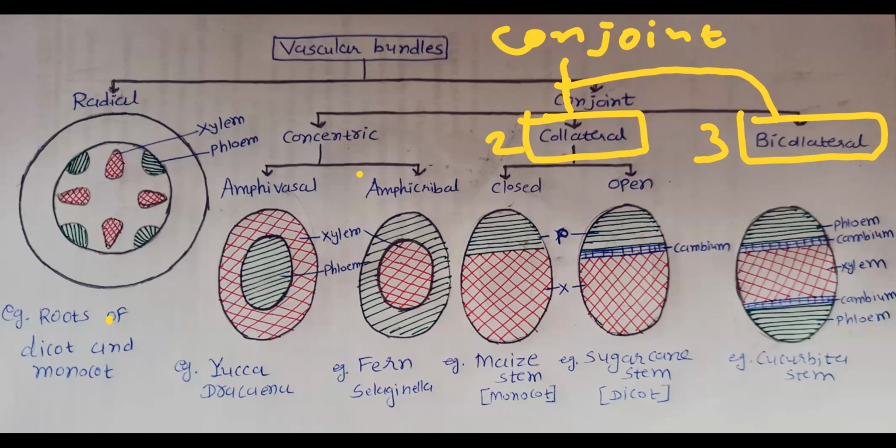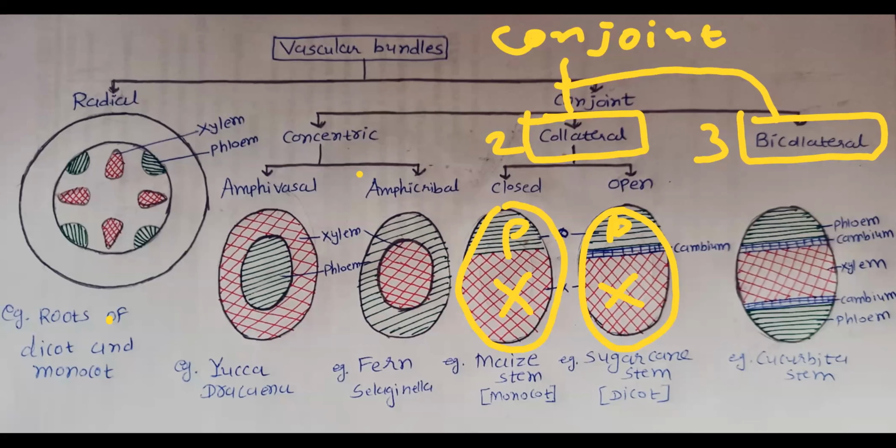We move to the next one that is called collateral. Acha, can you see that in collateral in a given bundle, both xylem phloem are there? So both are the examples of conjoint.